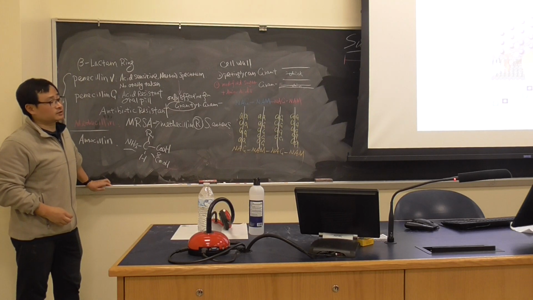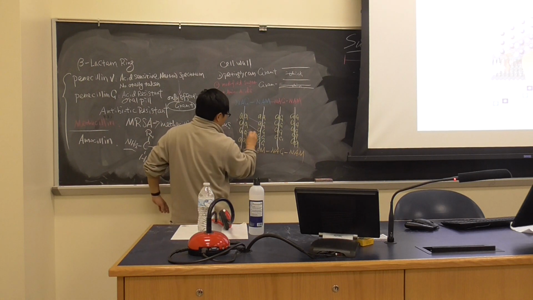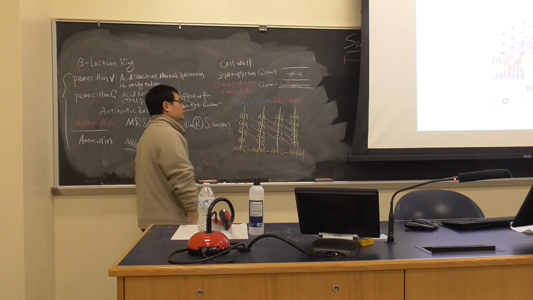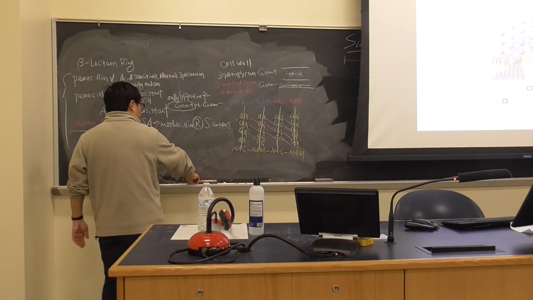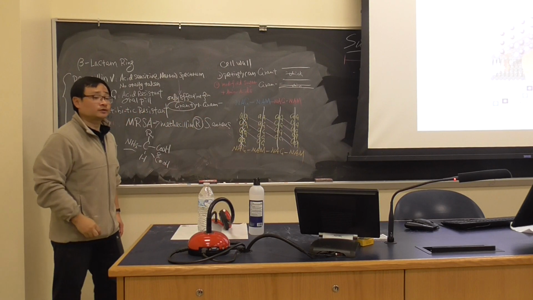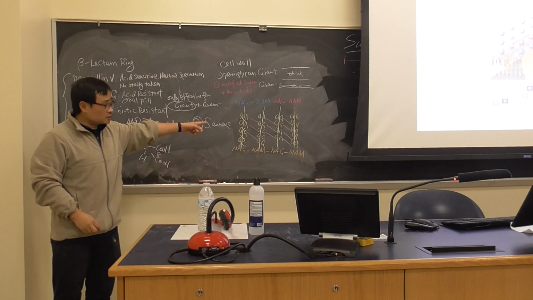Okay, so these are amino acids. And they also could cross-link like this. Okay, where does penicillin go? Right here. That's penicillin. So this is the major structure of a peptidoglycan.